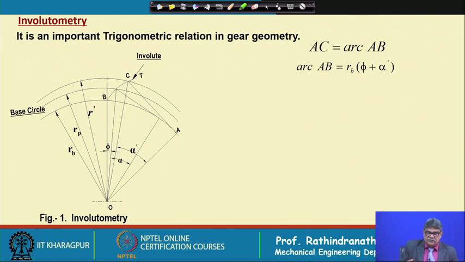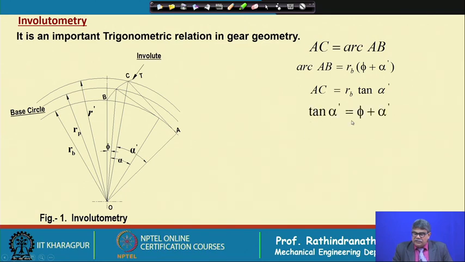So, A C is equal to R B, A C can be written again as R B into tan alpha dash.